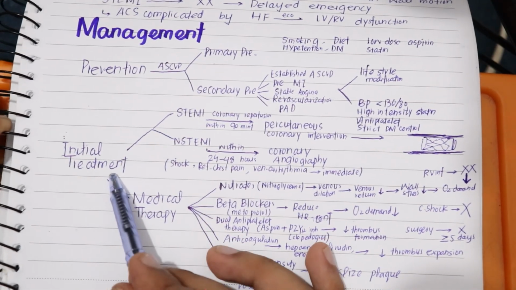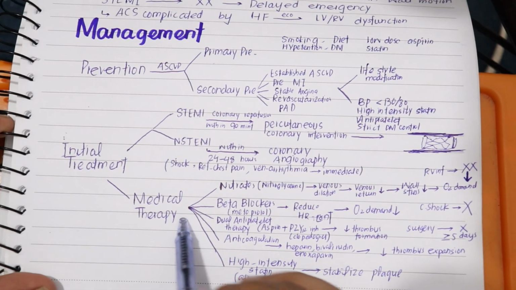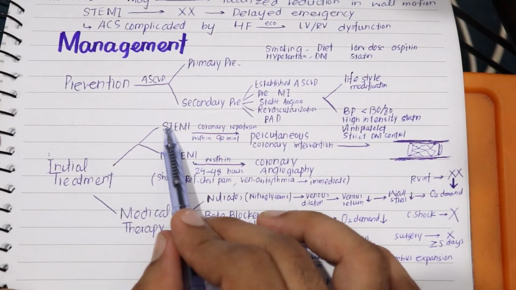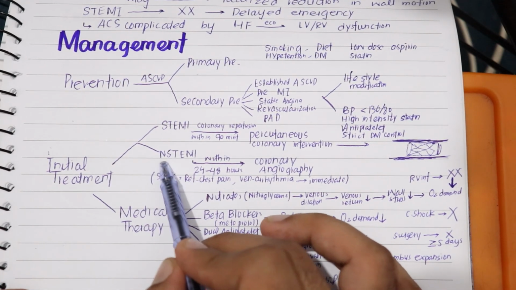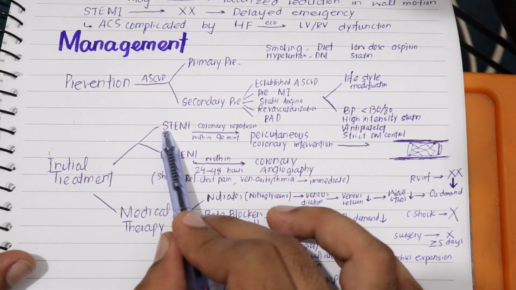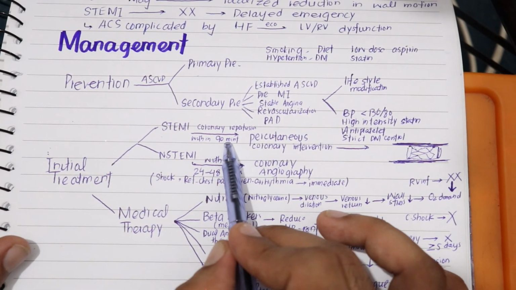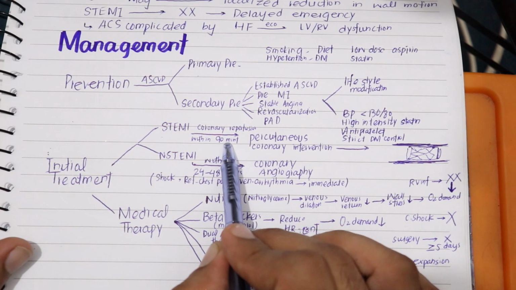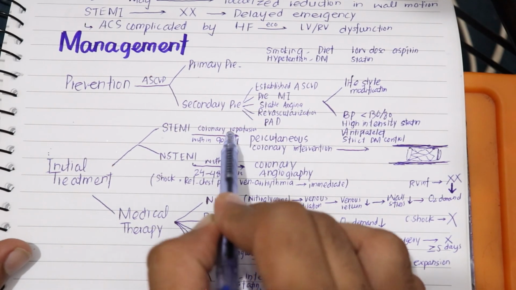Suppose a patient is having MI, what would be the initial treatment? Initial treatment is again divided into STEMI or non-STEMI, ST segment elevated myocardial infarction or non-ST segment myocardial infarction. In STEMI, there would be coronary reperfusion within 90 minutes of first medical contact. Suppose a patient comes to you in emergency, so within 90 minutes you have to do the coronary reperfusion, okay.